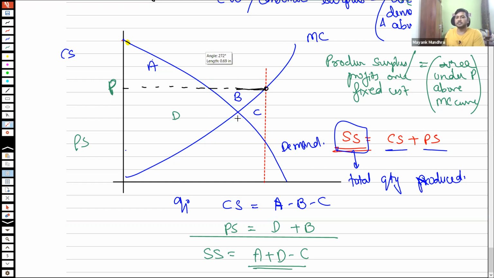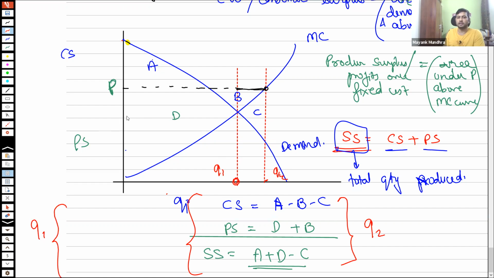Now, had the price level been this much, at this level, quantity Q1, and suppose this is Q2. So this is the calculation for the Q2 level. Suppose you have the Q1 level. I already saw that at the Q1 level, the total social surplus is A plus D.